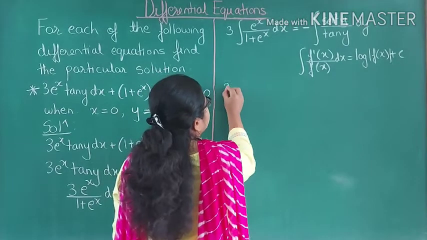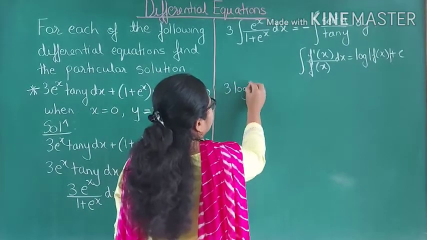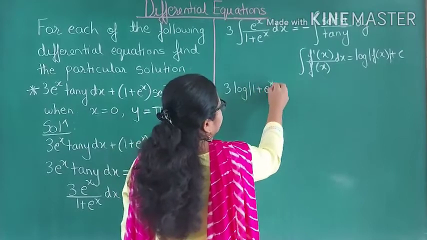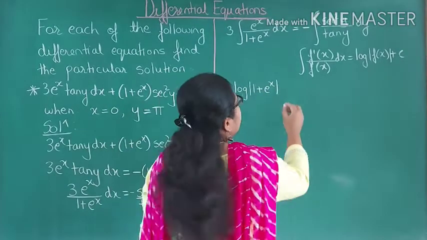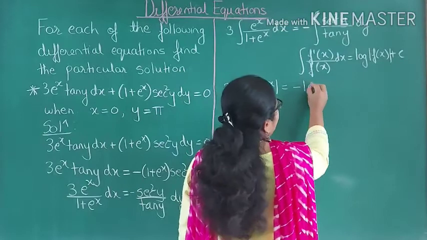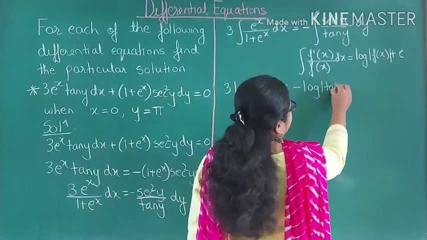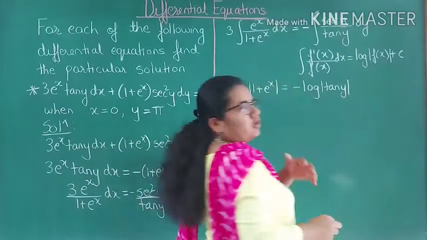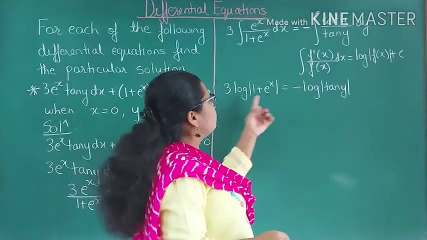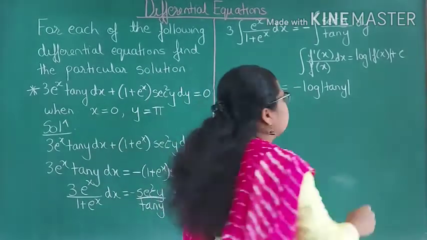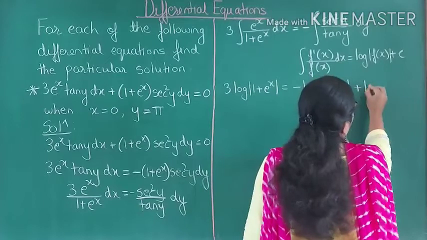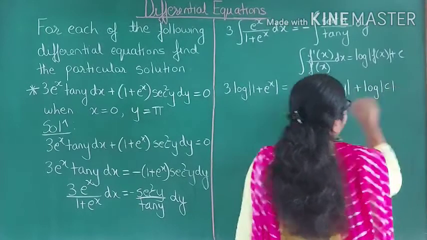Therefore this becomes 3 log of (1 plus e raised to x) is equal to minus log of tan y. And for constant c, if we have two terms of log, we are going to take constant c also as log of c.